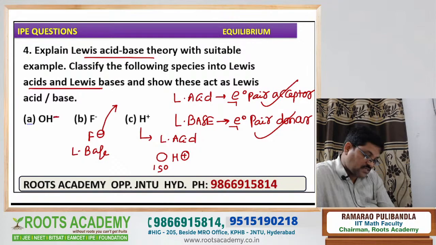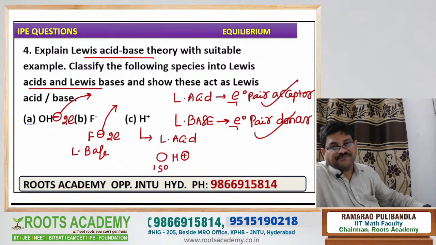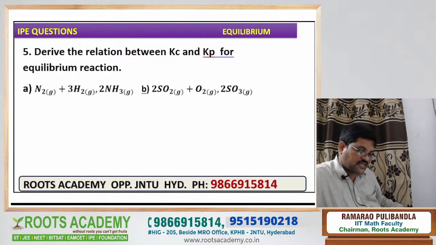And here OH minus, negative charge is there, so this acts like a Lewis base. Negative charge means what? 2 electrons. Understood? Negative charge is 2 electrons, that's why this is a Lewis base. Simple statement like that. And go to the next example.